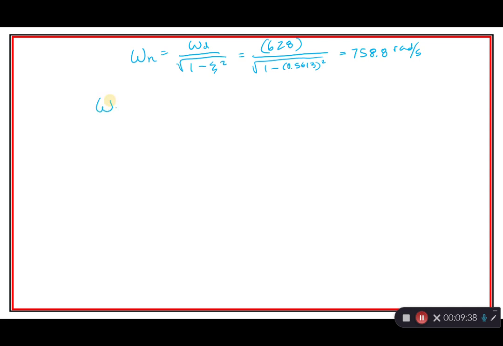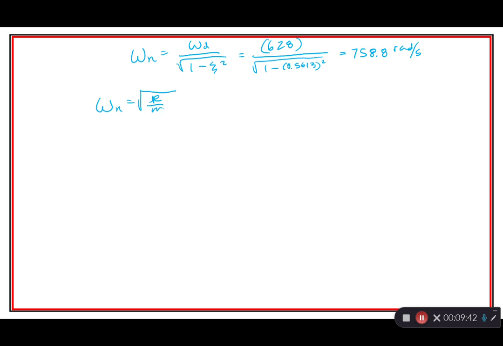We go omega n is equal to omega d divided by the square root of 1 minus squiggle squared, or 628, as we were told, over the square root of 1 minus 0.5613 squared. And so now we get 758.8 radians per second.